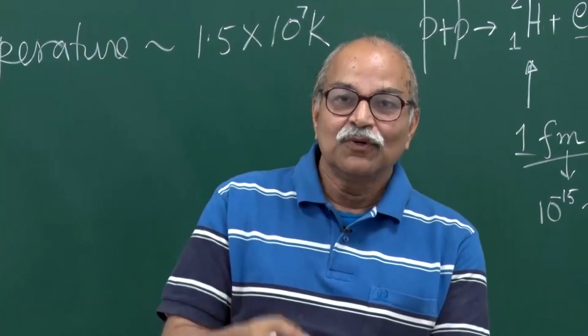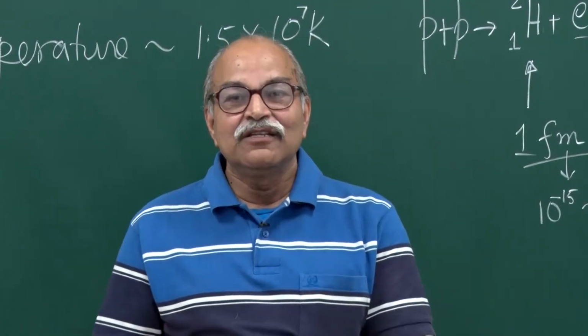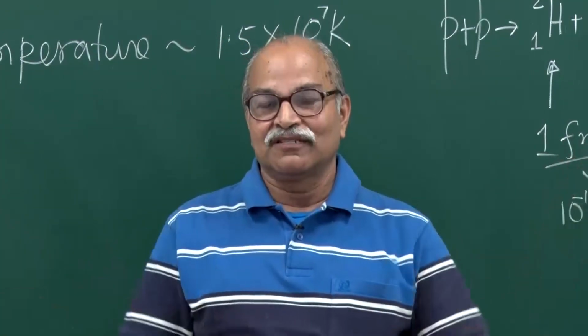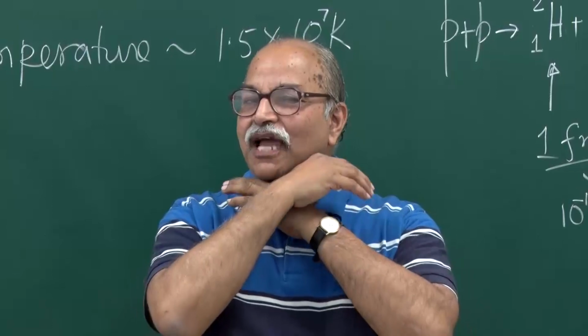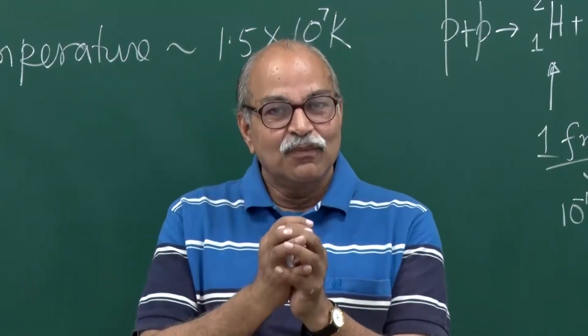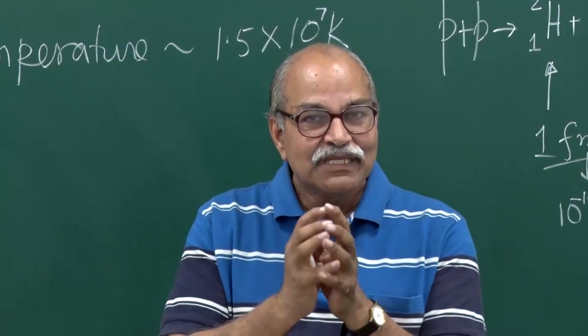Okay, so proton or neutron, the common name is nucleon. So when two nucleons are, let us say, at separation more than 10 femtometers, the nuclear force is absolutely negligible, and therefore the nucleus is formed only in that range where the separations are of femtometer type.